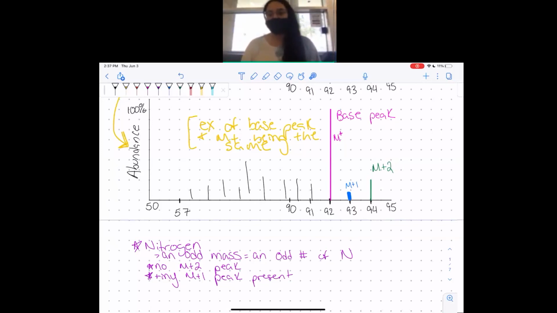And someone made a summary where fragmented equals base peak, unfragmented means M+. I don't necessarily want you to think like that, because sometimes the most stable thing is the unfragmented thing.